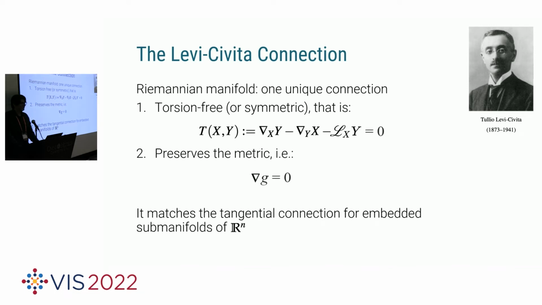Also, this Levi-Civita connection has a very nice property. It is what would match our intuition of how we would connect tangent spaces on a Euclidean manifold. If you think of the sphere, then it would match with how neighboring tangent spaces are connected by embedding that in this higher dimensional space.